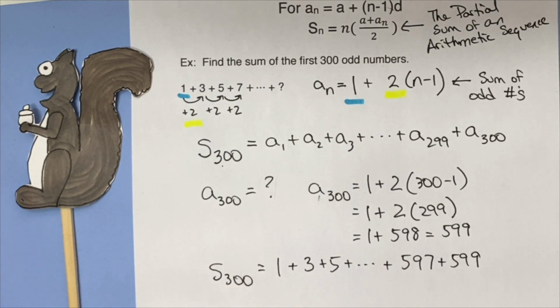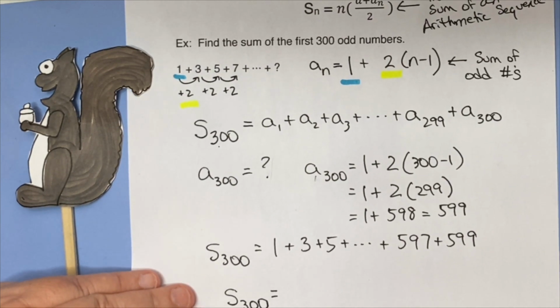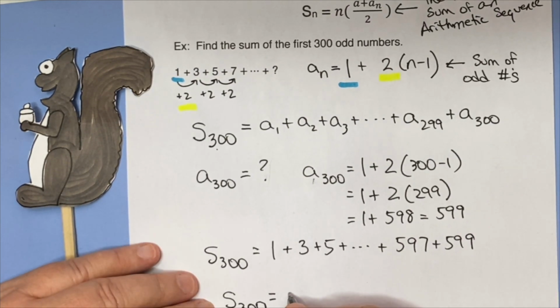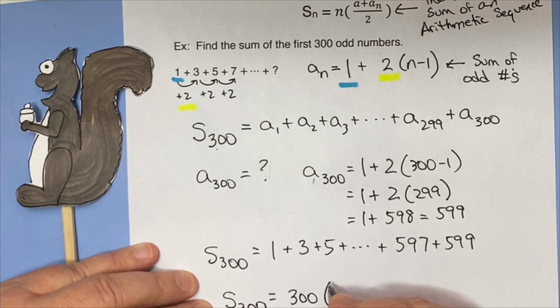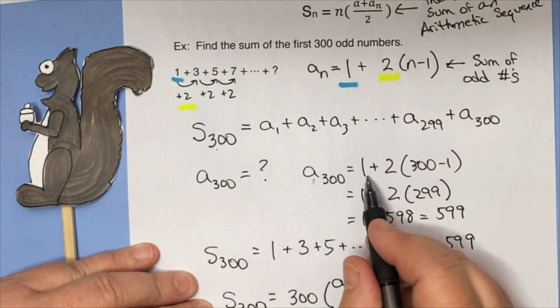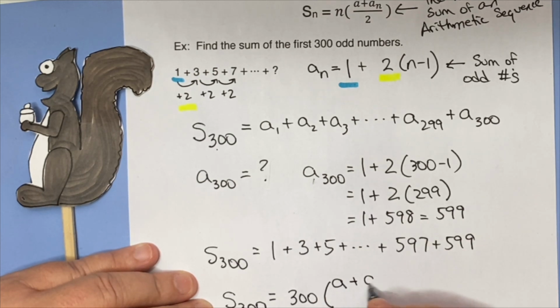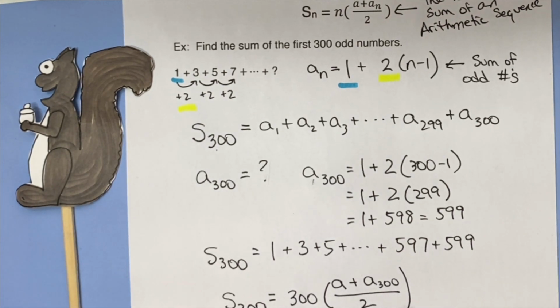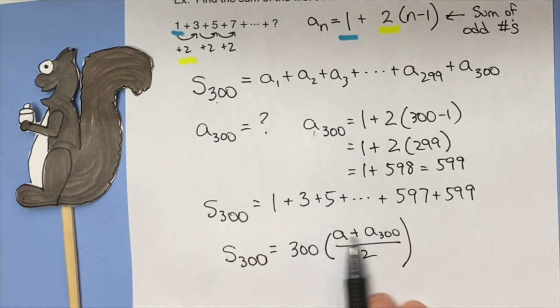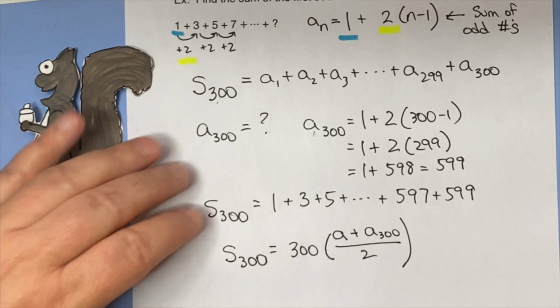S300 is equal to 300 times the first number, 1, plus A300, all over 2. It's really interesting because it's almost like you're taking an average of the first one and the last one. You're adding those two together and dividing by 2, which I think is kind of cool.